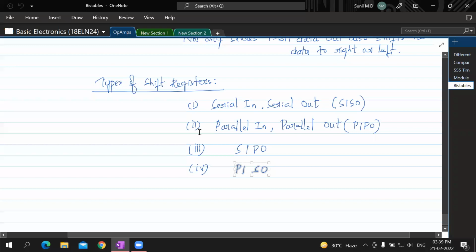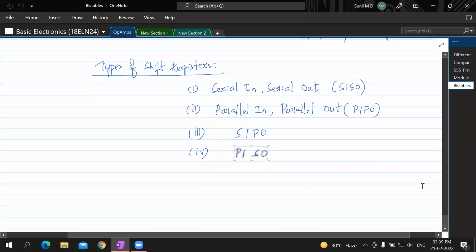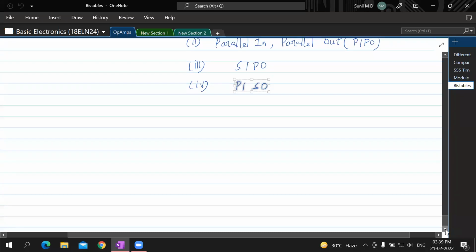In this, we shall see a 4-bit SISO shift register. Now, everybody take the heading as 4-bit SISO, serial in, serial out, shift register.